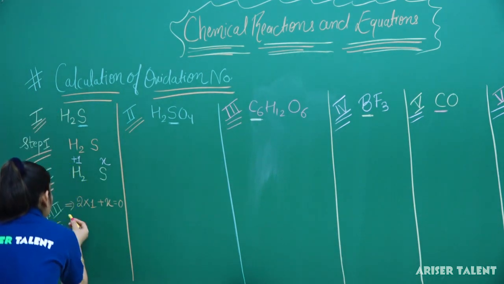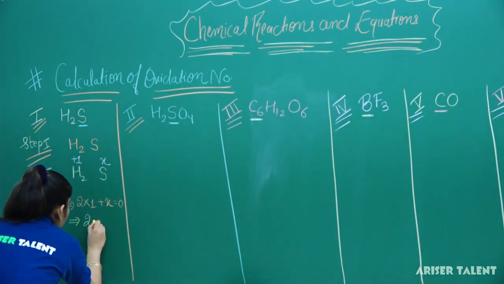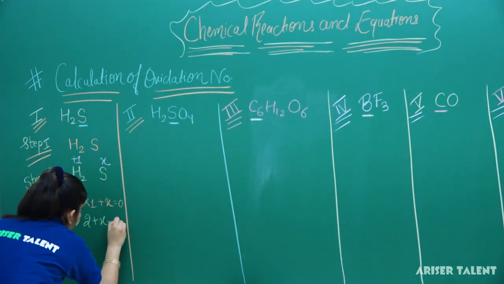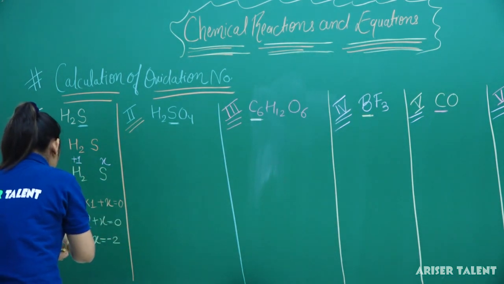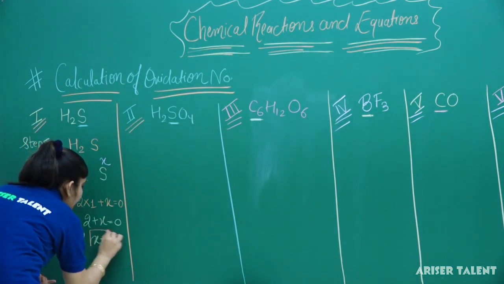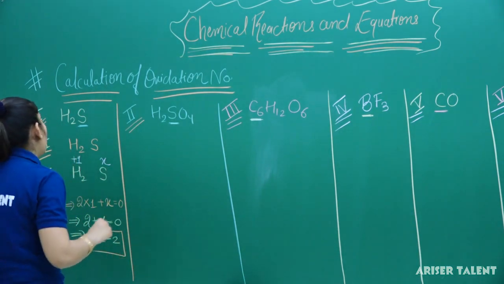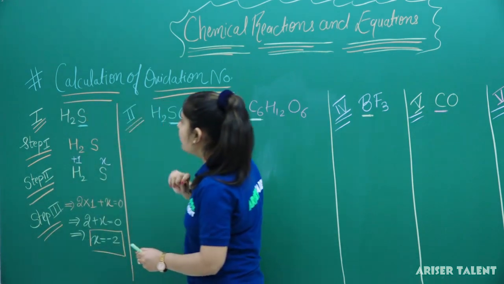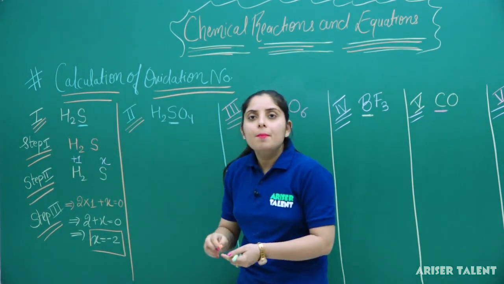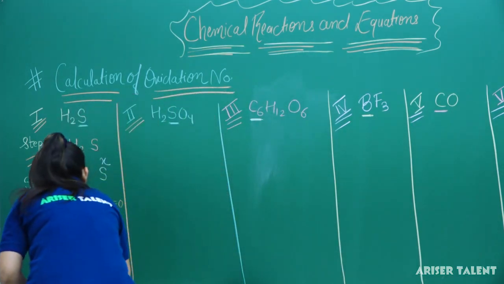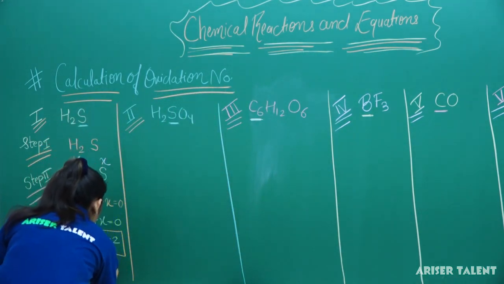On solving this equation, I get 2 plus X is equal to 0, so X is equal to -2. It means X equal to -2 is the oxidation state of sulfur in hydrogen sulfide. So the oxidation state of sulfur will be -2. This is the answer to this question.